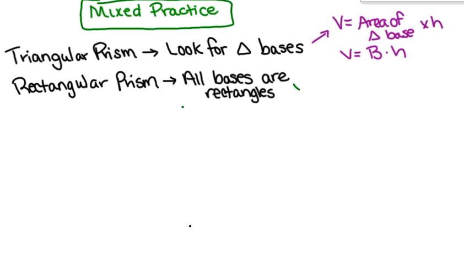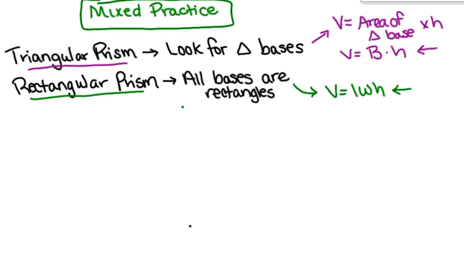And for our friend the rectangular prism, we can use that easier formula, volume is equal to length times width times height. But again, it's important that if you're using the triangular prism, you use the formula volume is equal to area of the base times the height, and for the rectangular prism, volume equals length times width times height.